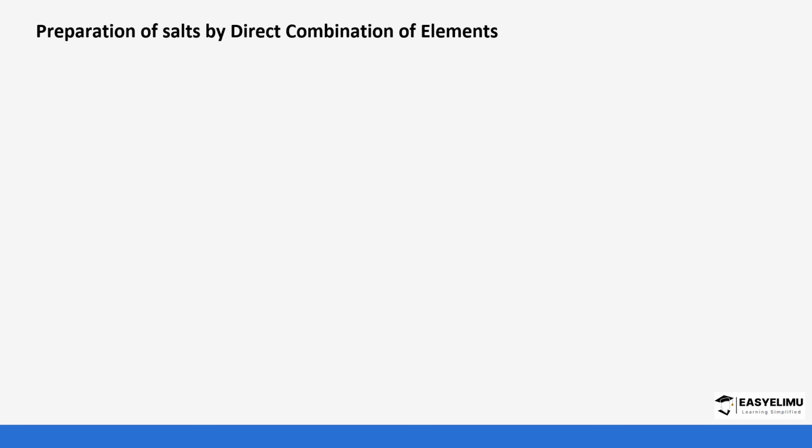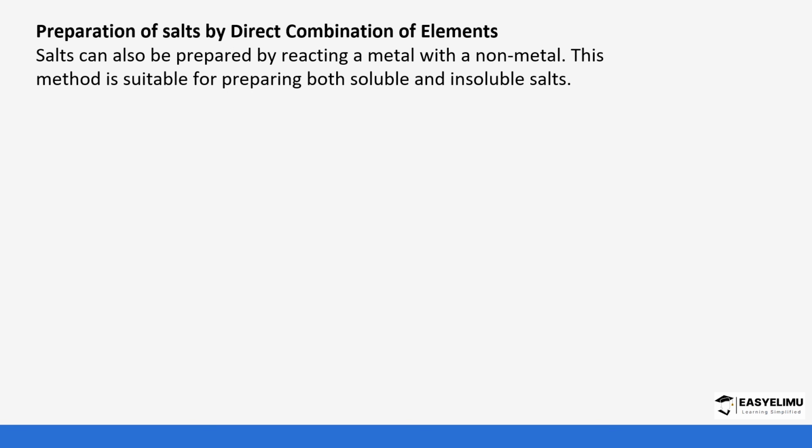In this case, for example, for sodium chloride, we can use chlorine gas. So salt can be prepared by reacting a metal with a non-metal, and this is suitable for both. It can be used to prepare soluble salts, and it also can be used to prepare insoluble salts. When you come to preparation of insoluble salts, you're not going to repeat the same process, but just remember the same thing can be done for both soluble and insoluble salts.